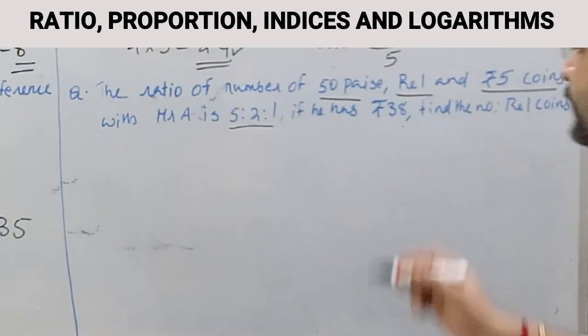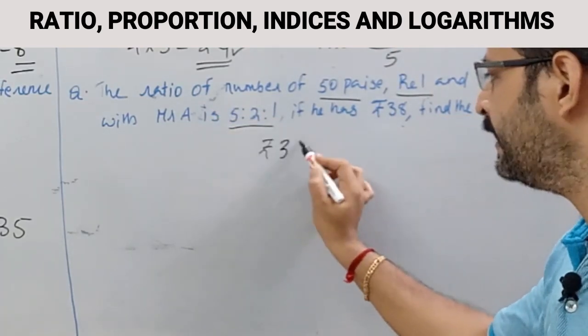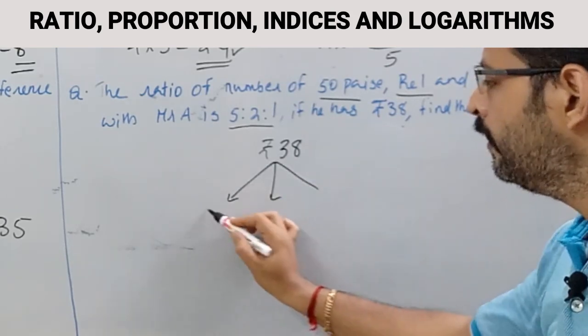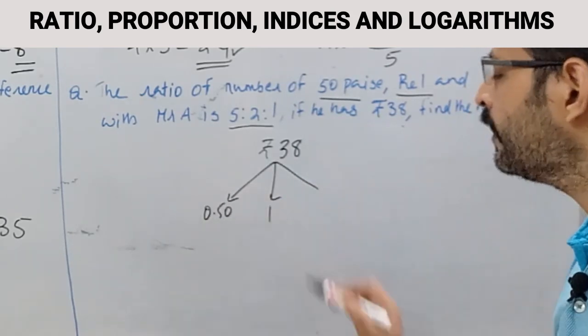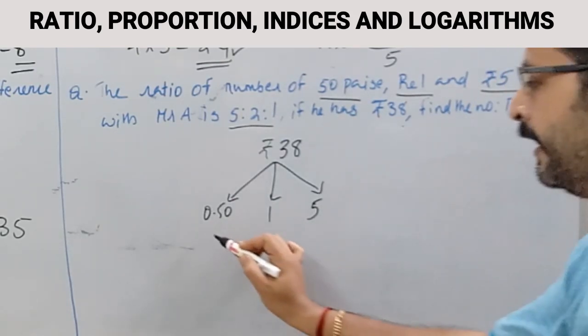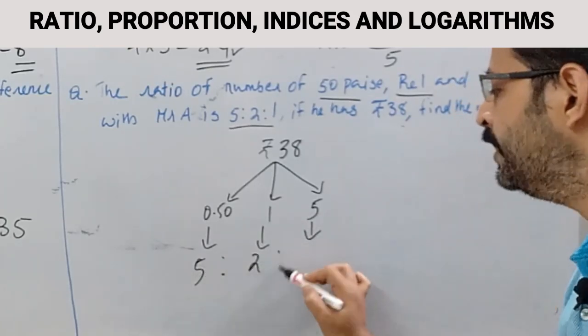It is given in the question that Mr. A has rupees 38 in his hand in the form of 50 paise, 1 rupee coins and 5 rupee coins in the ratio 5 is to 2 is to 1.